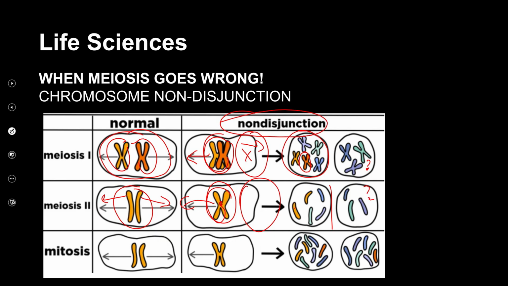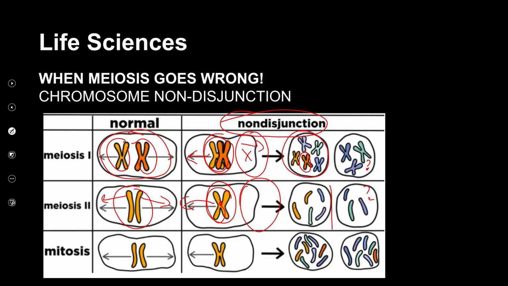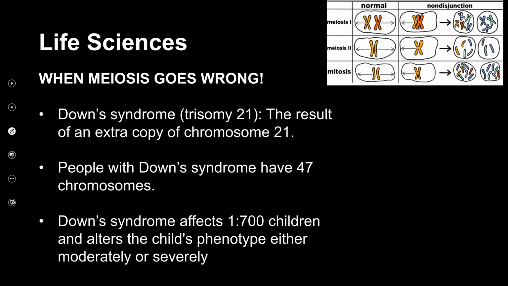So again, the scenario of one cell having one more and the other cell having one less. This might also occur in mitosis, where the entire chromosome is pulled to one side, resulting in 2 sets of the one chromosome in a cell. That's essentially showing you how non-disjunction happens and what that leads to. We'll discuss that in the next bit.